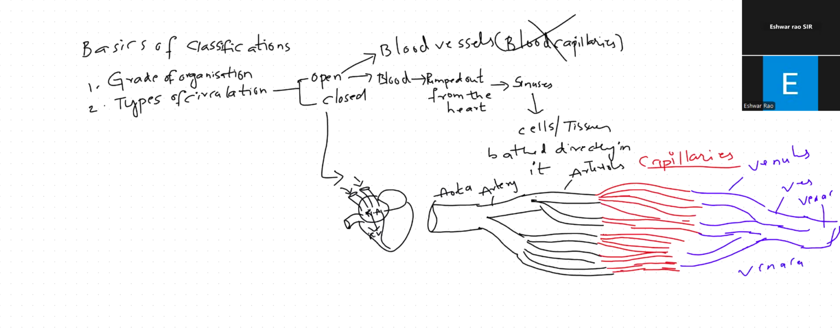So, in the closed type of circulation, the blood flows in a series of blood vessels of various diameters: aorta, artery, arterioles, capillaries, venules, veins, and vena cava. This is called closed type of circulation, where the blood is always confined to the blood vessels. That's about open type and closed type of circulation.